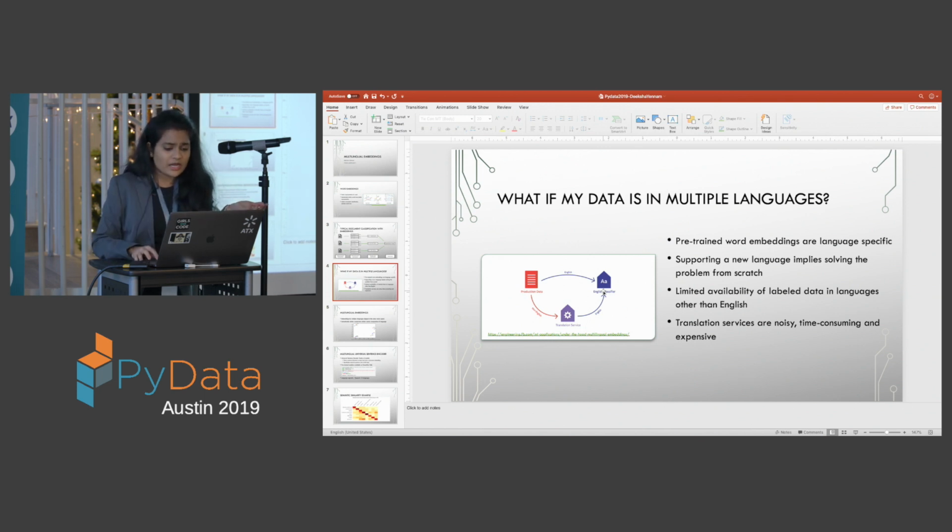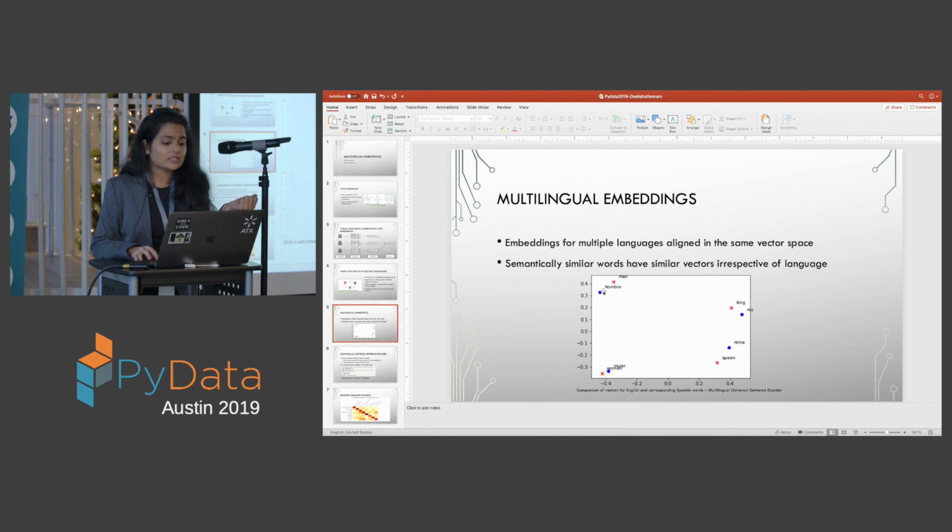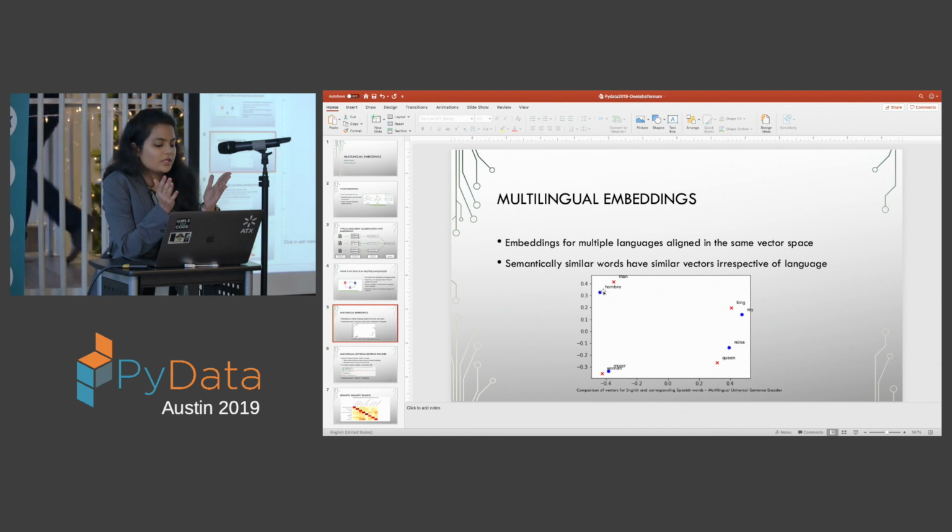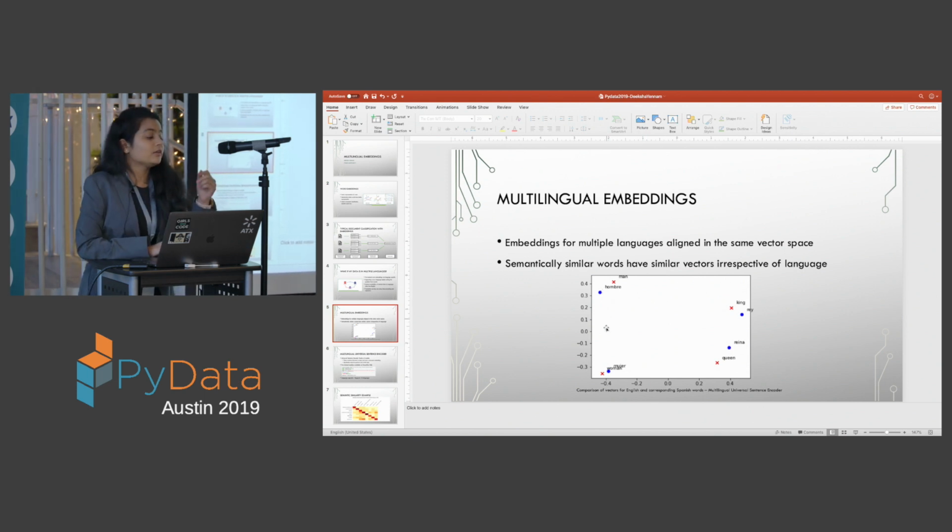The answer to that is multilingual embeddings, which basically solves this question of, when I have multiple languages, do those vectors align in the same space or not? For example, here, I have taken the example of English and Spanish.